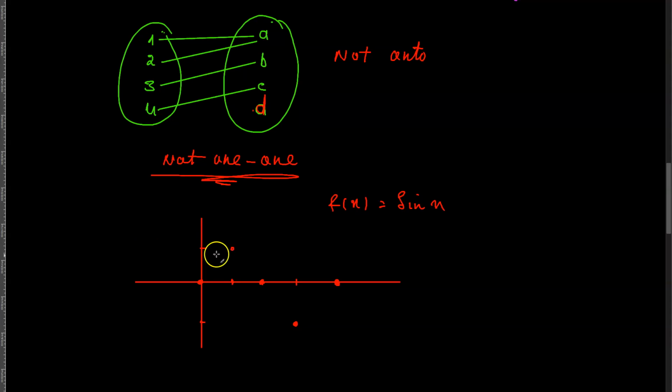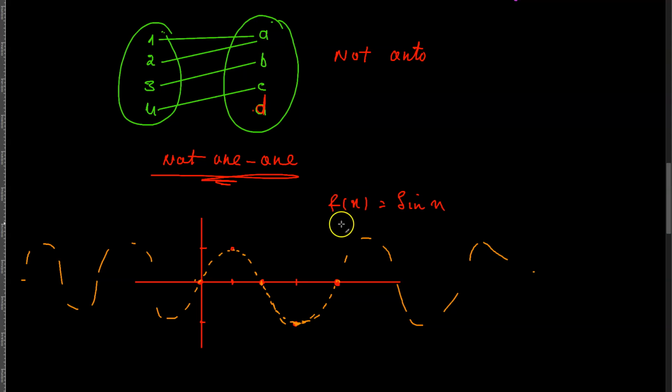So the function basically keeps doing this over and over again. It just keeps going from 0 to 1 to 0 to negative 1 to 0, and it keeps doing the same thing over and over again, and in this direction also over and over again, right?